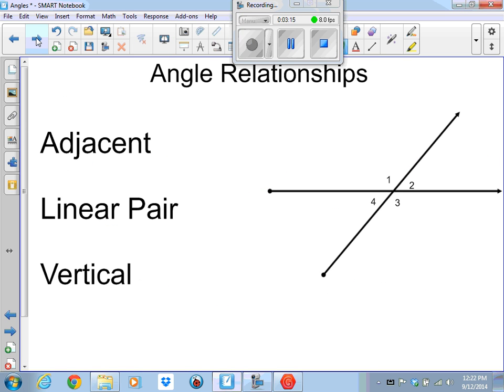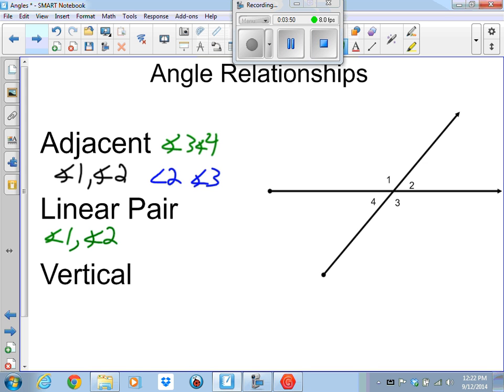As we look in here, I'm going to list all the angle pairs. Angle 1 and angle 2 are adjacent, angle 2 and angle 3 are adjacent, and angle 3 and 4 are adjacent. They're next to each other. They share a ray. For a linear pair, angle 1 and angle 2 are a linear pair.